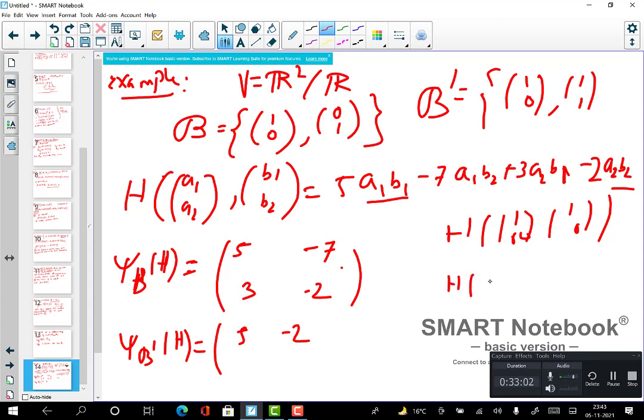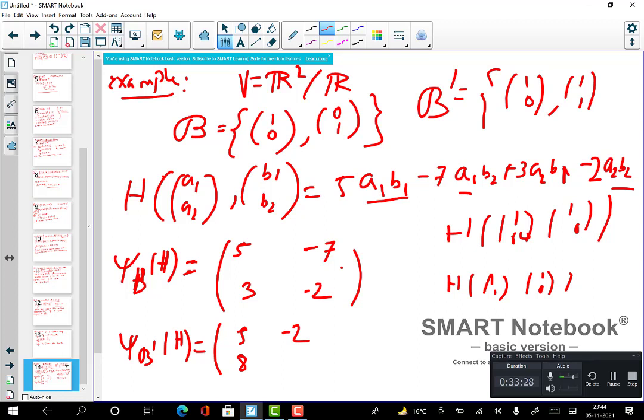So this is 1 1 and then 1 0. With respect to 1 1, this is a1 a2, and this is b1 b2. Whenever b2 is there, it is 0, so the only term remaining will be 5 plus 3, which equals 8. This is so obvious to calculate easily.